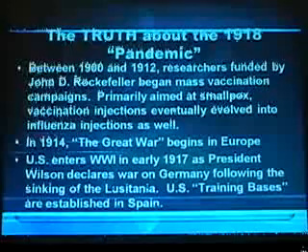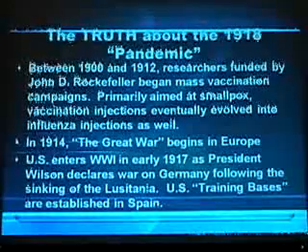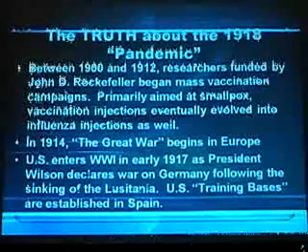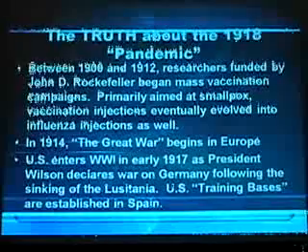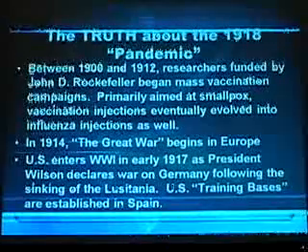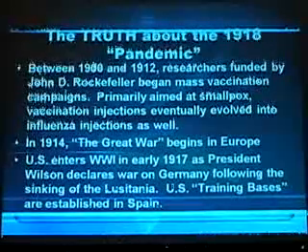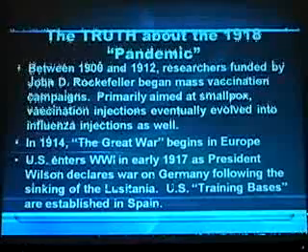When the U.S. finally entered the war on the side of Great Britain and France, in early 1917, the nation of Spain allowed the United States military to establish training bases on Spanish soil.